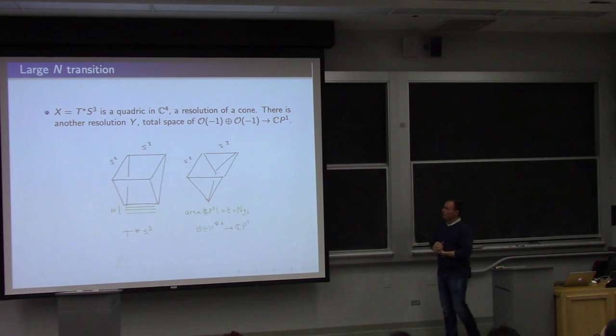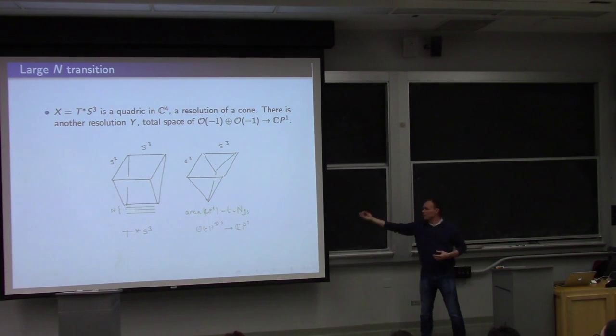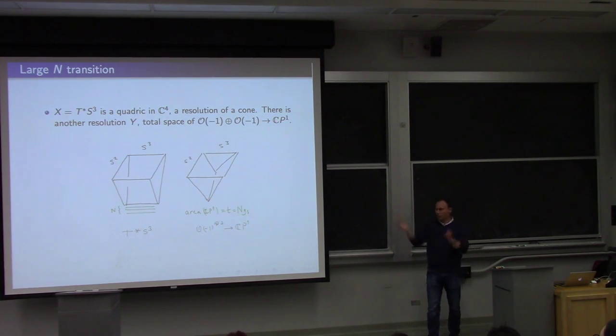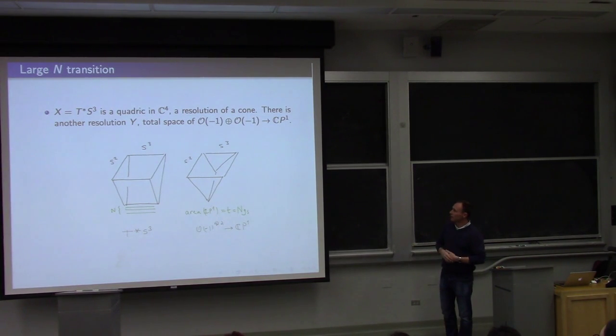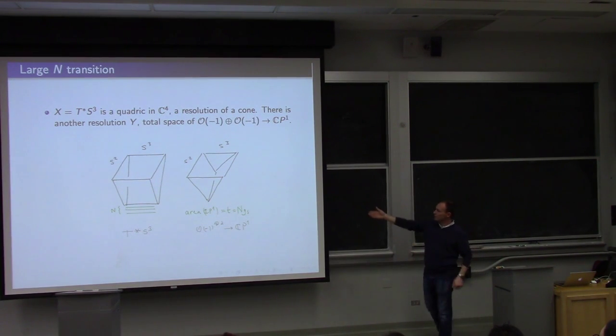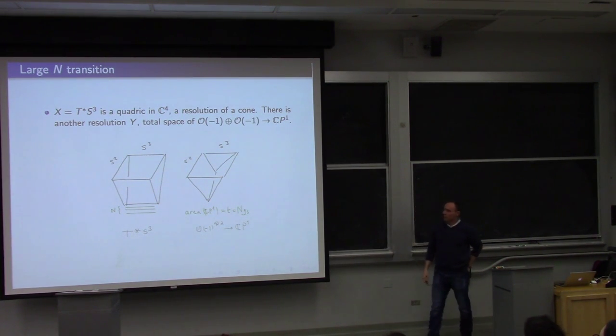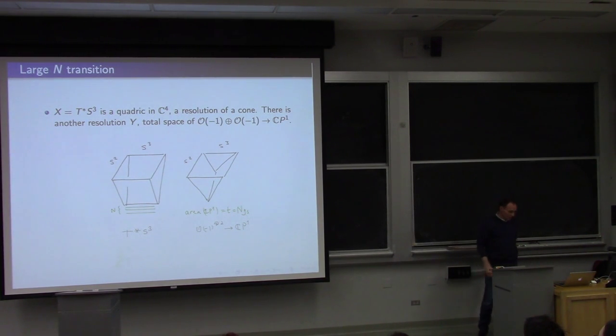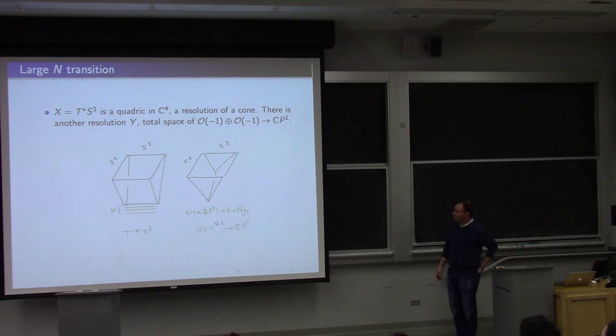So then it becomes S2 times D3. And now, when you take the cone, you sort of pinch in at the bottom, so you get a radius 0 S3. And now you can resolve it by instead letting the S2 grow out. This is the small resolution, and it gives you O(-1) plus O(-1) over CP1.